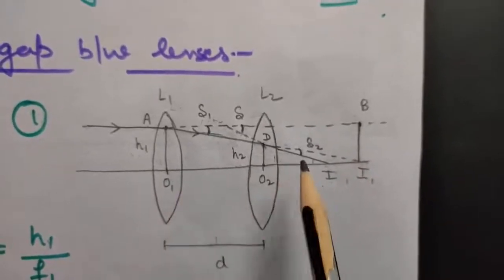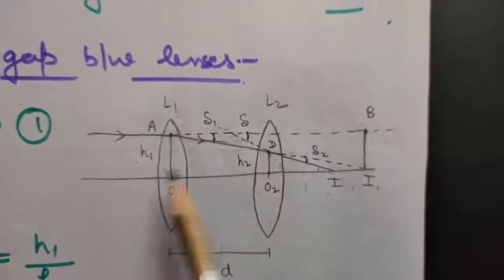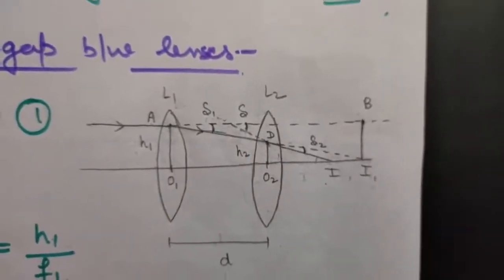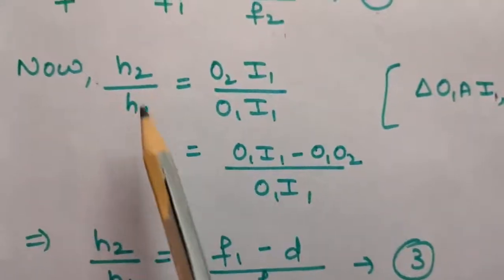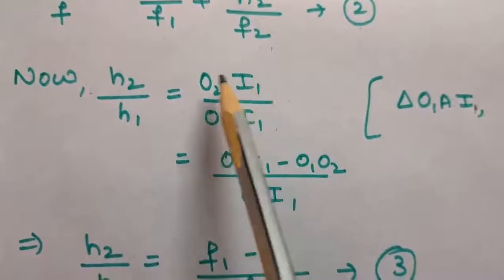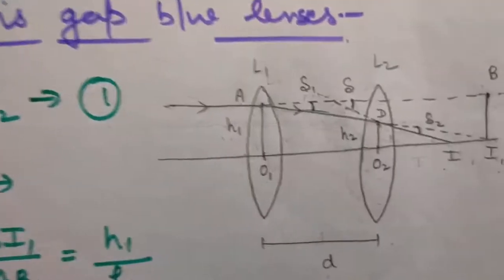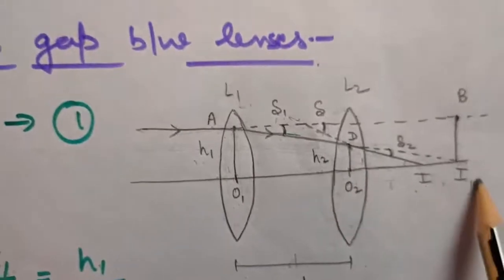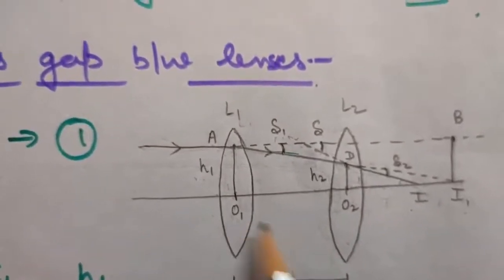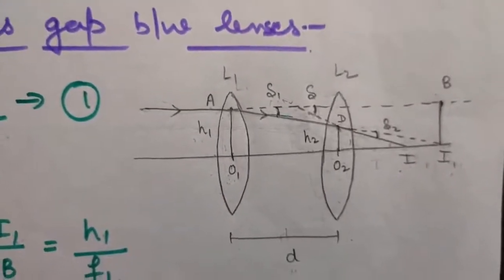Because these two triangles are similar, we can write H2 upon H1 equals O2I1 upon O1I1. Now if you clearly see in the diagram again, O2I1 can be written as O1I1 minus O1O2, and O1O2 is nothing but D.